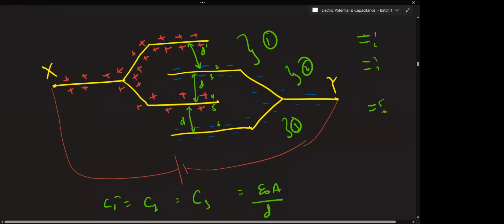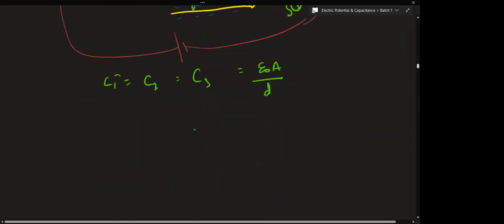And see, if I connect all of them, they are connected with a single cell. So what kind of connection is this? All these 3 plates, if you arrange them, this is your parallel connection. Means your C1 is this, this is your C2, this is your C3.